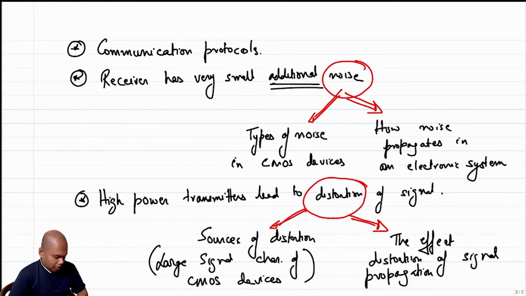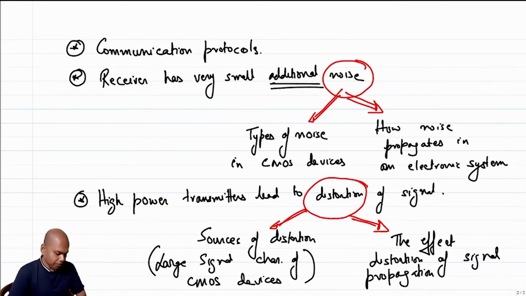Okay, so till now I basically have been trying to motivate why we need to learn RFIC at all, and if you need to learn RFIC, what all other things we need to do before we get into the actual design of these amplifiers, right? So to recap, what did we see?